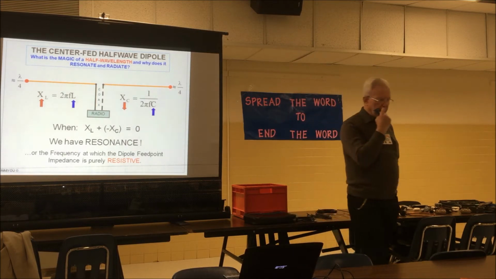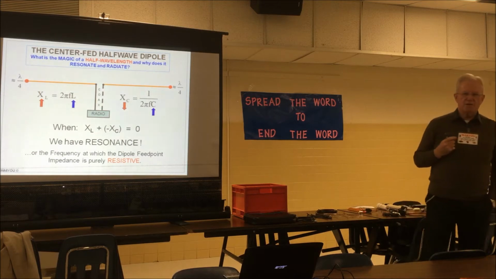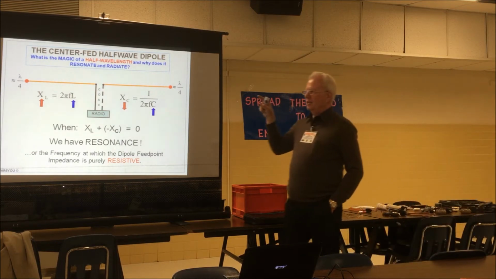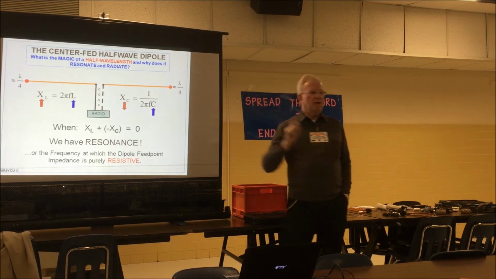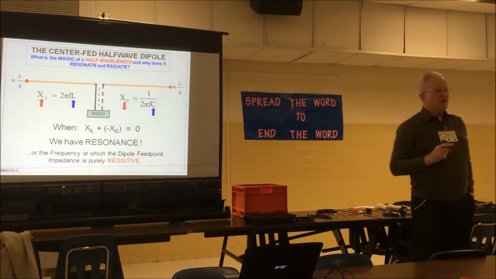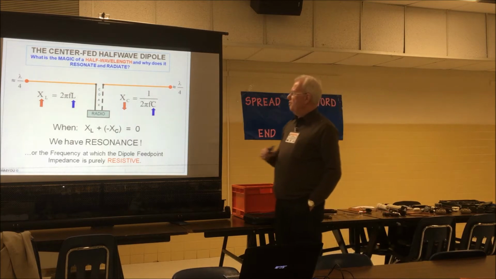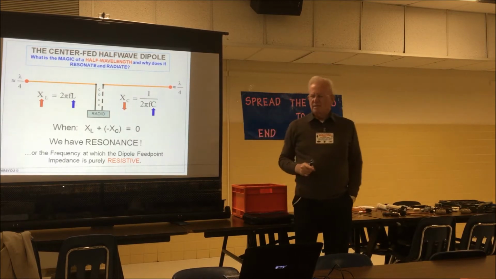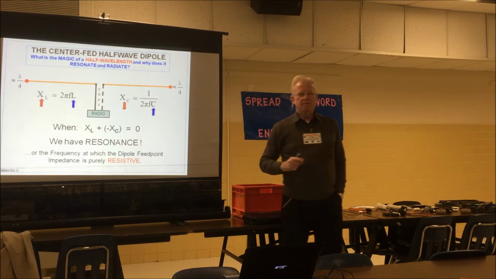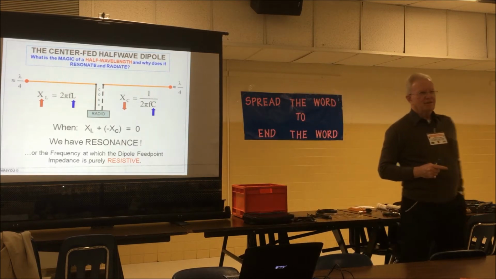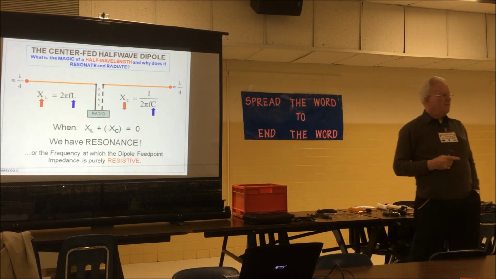By the way, we have a radiation resistance just due to the fact of electrons shooting down the wire. So you have your R sub R, your radiation resistance. And one other thing we've noticed is that it happens at just a little bit less than a 1/4 wave. A little bit less. So any questions on this? Okay.